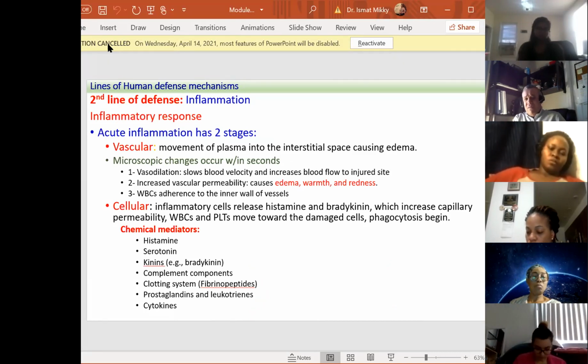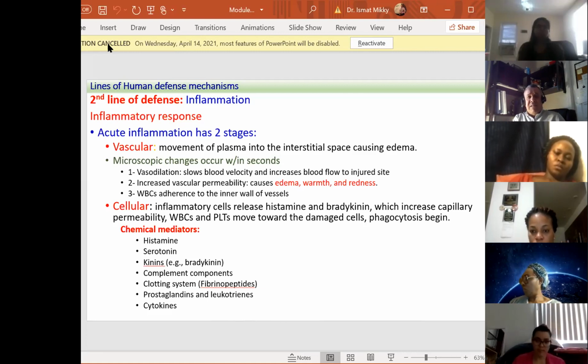During the acute inflammation, the vascular phase results in a movement of plasma into the interstitial space, causing the edema. Because the blood vessels dilate, causing vasodilatation, and the blood vessels become more permeable to fluids or to content.